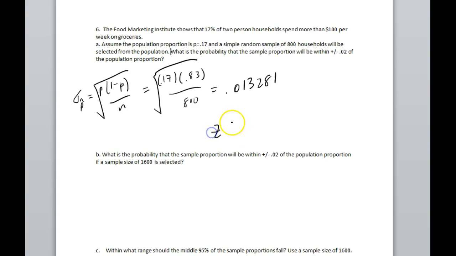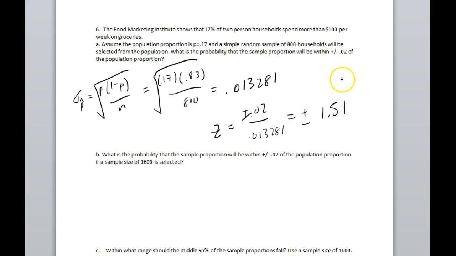We're going to say z equals the plus 0.02 on the top divided by our sigma, 0.013281, and we're also going to do the minus, but we know that the plus or minus are going to work out as such. So this is going to give us plus or minus 1.51.